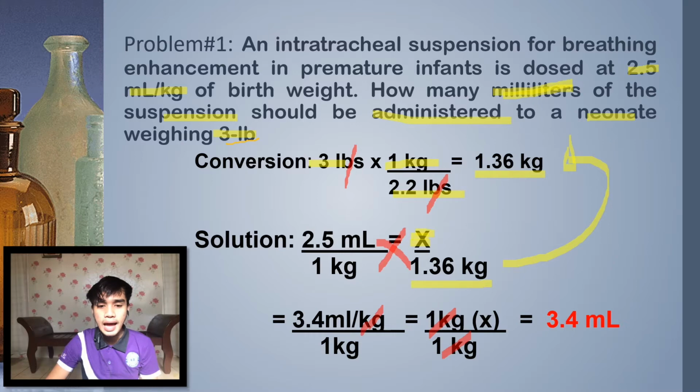And what's left now is the ml, which is the unit that we are tasked to find here. So, the answer for that is 3.4 ml. So that's the volume of the suspension we need to administer to a neonate.